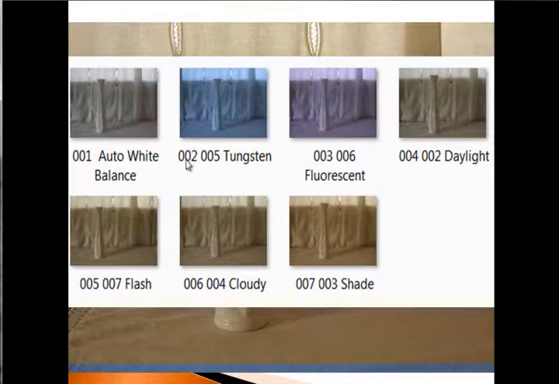We have 2, 3, 4, 5, 6, 7. This is the same order as in our cheat sheet chart, but the second set of numbers represents the order they were in my camera. So actually the daylight is first in my camera, and then the shade, and then the cloudy, and then the tungsten, and then the fluorescent, and then the flash.